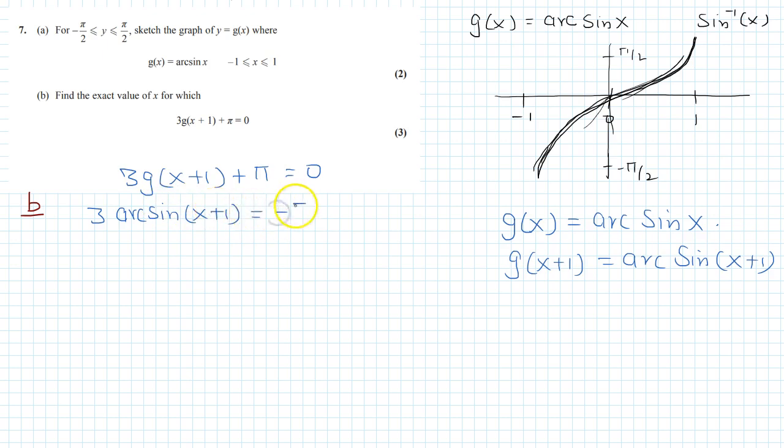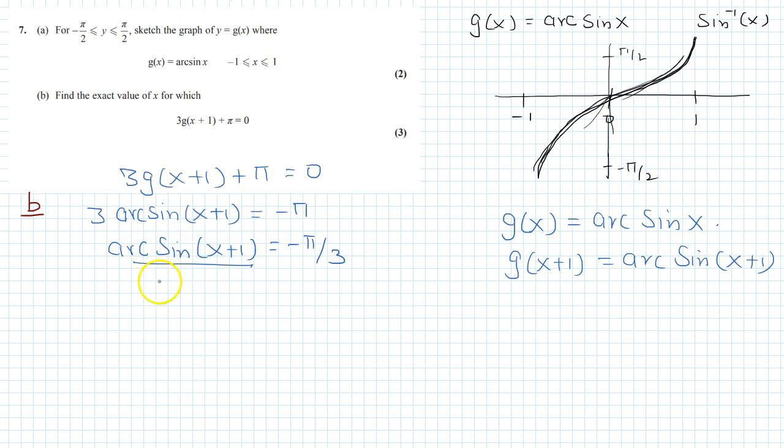is equal to minus pi, and arc sine (x plus 1) is equal to minus pi over 3.